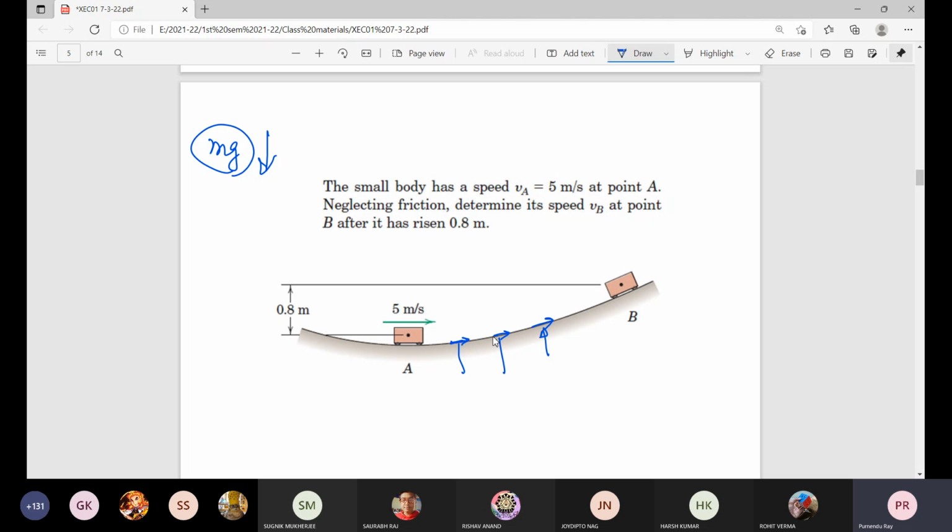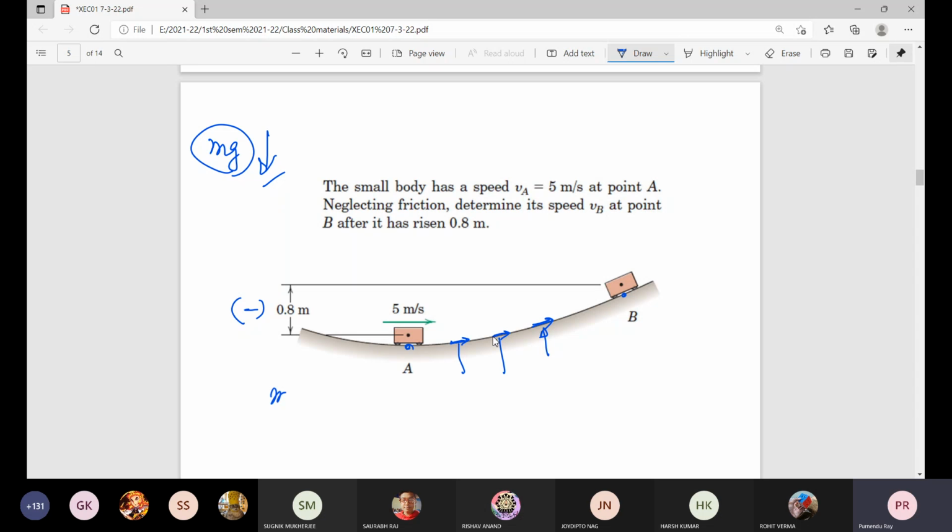So W sin theta multiplied by ds, theta is variable. Either in that way, or along the direction of the force, what is the net movement of the object when it is traveling from position A to position B? It is minus 0.8 meter.